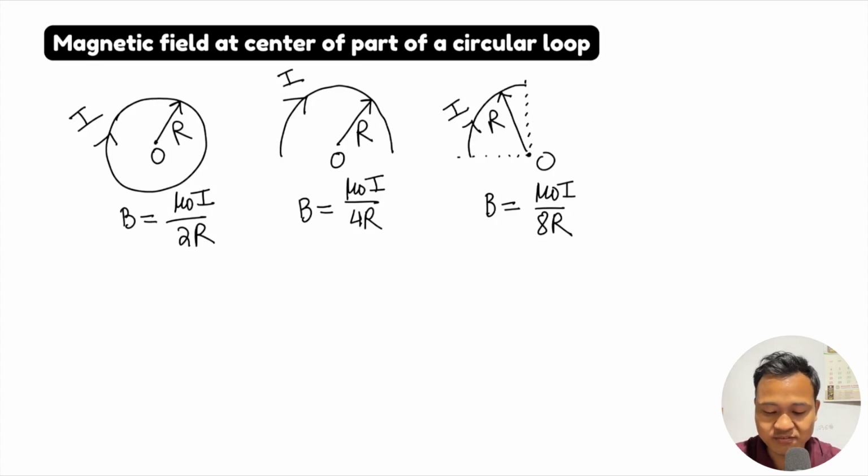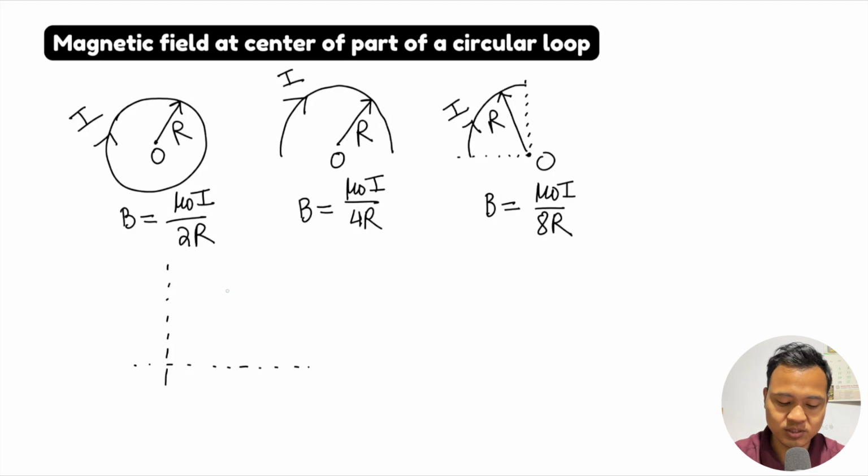In the exam, suppose they give you some particular angle. Let's say they give you part of a loop like this, with angle theta.